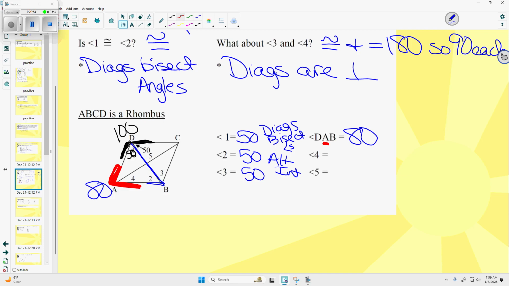All right, so then how much is angle 4? 40. Nice. It's bisected again. What is angle 5? What are those diagonals? How do the diagonals meet? 90s, because the diagonals are perpendicular to each other.